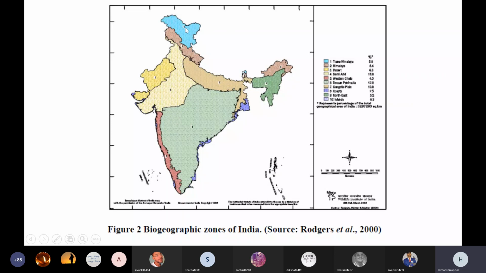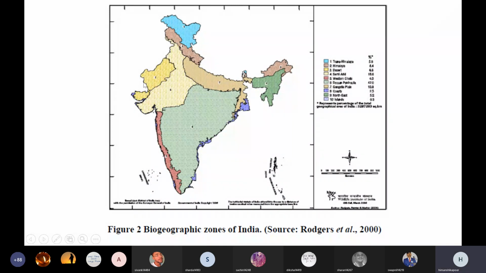So the first one we have is the Trans-Himalayan zone. Then we have, is it visible? This picture is visible? Yes, ma'am. Okay. So we have the Trans-Himalayan zone, then the Himalayan zone, then the desert zone. Clear?